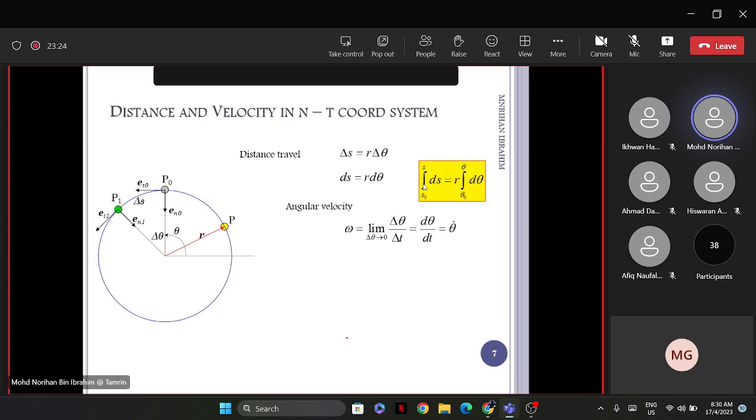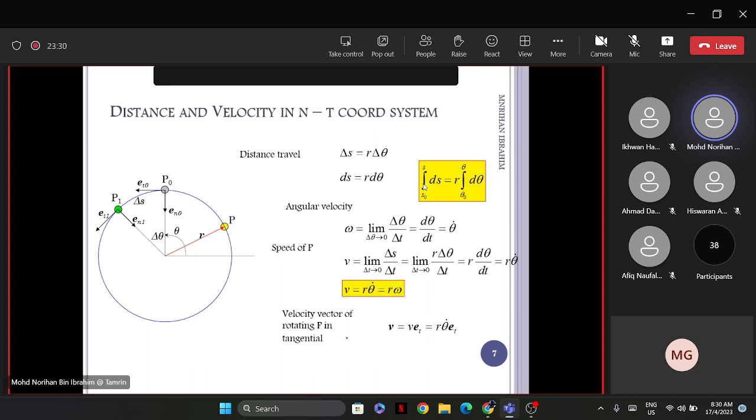Okay, the next concern is distance and velocity in the normal tangent coordinate system. As you can see, we consider the same illustration of particle P, which moves according to a circular path of motion. So the distance traveled is symbolized as delta S. Delta S is equal to R d theta.